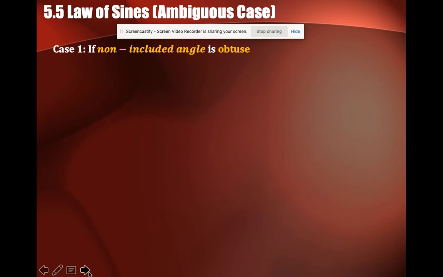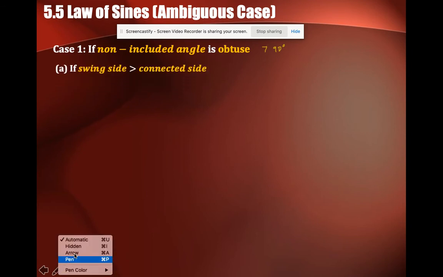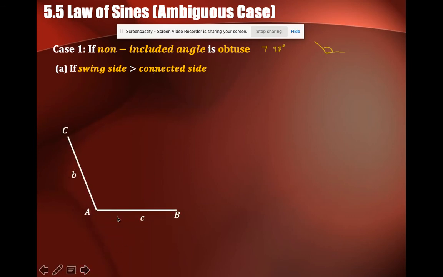Case 1, if the non-included angle is obtuse, and you remember obtuse means greater than 90, right? In case 1, if the non-included angle is obtuse, and if the swing side is longer than the connected side, so here's my situation.